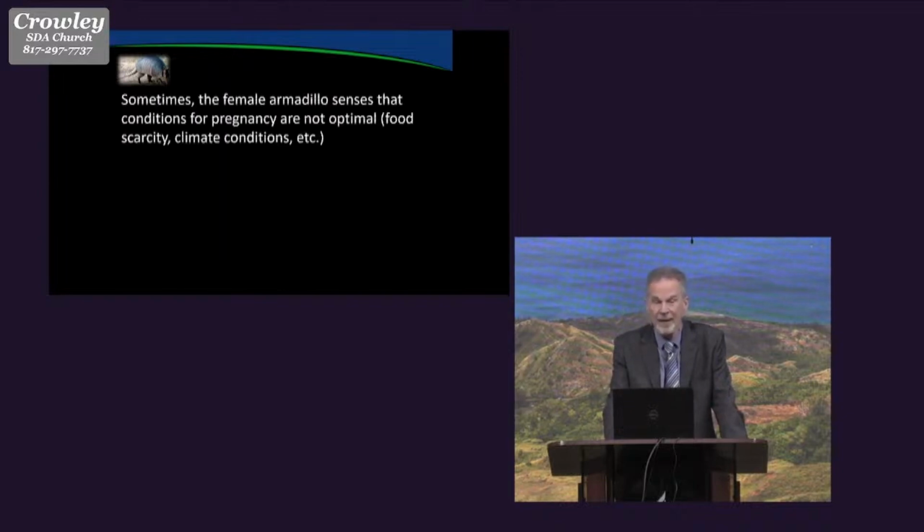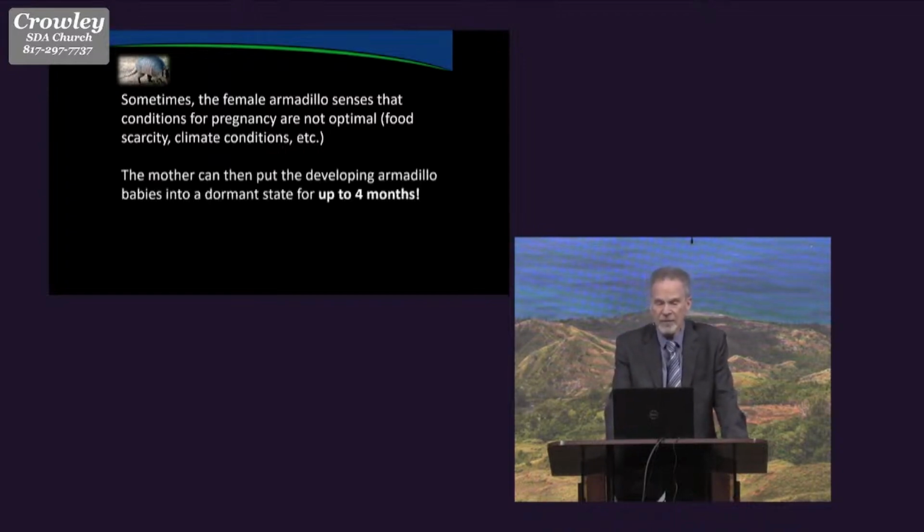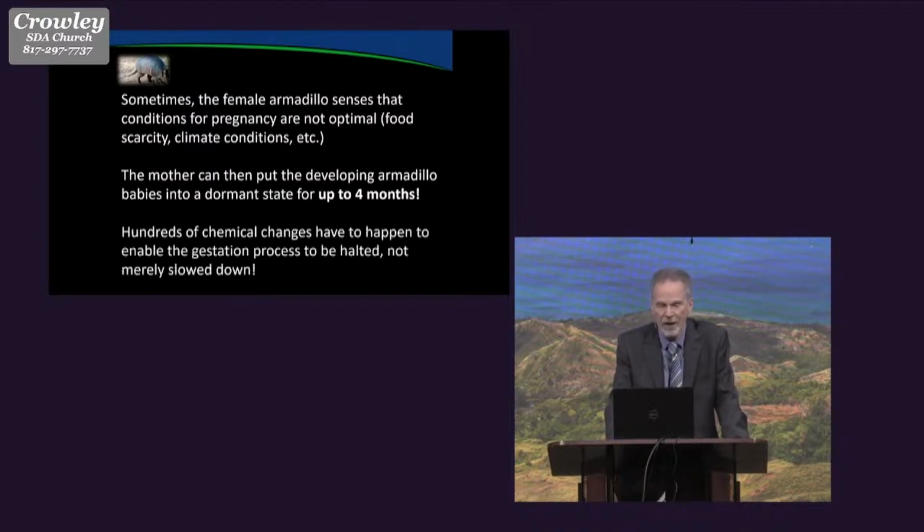But sometimes the female armadillo senses that conditions for pregnancy are not optimal, such as food scarcity or climate conditions. The mother can then put the developing armadillo babies into a dormant state for up to 4 months. Hundreds of chemical changes had to happen to enable the gestation process to be halted, not merely slowed down. The gestation process stops completely until it's triggered to reactivate.